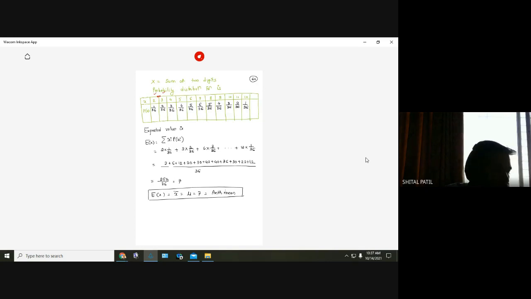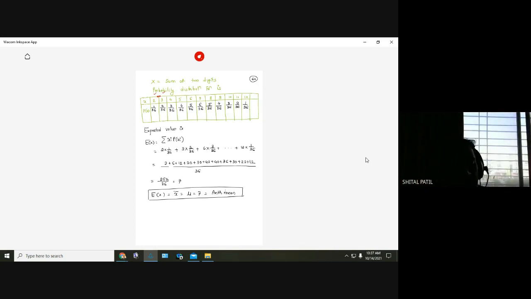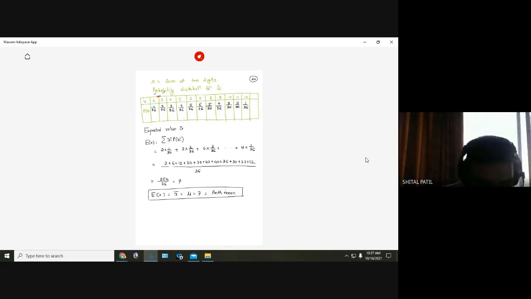So whatever distributions we have considered till now are known as discrete distributions.